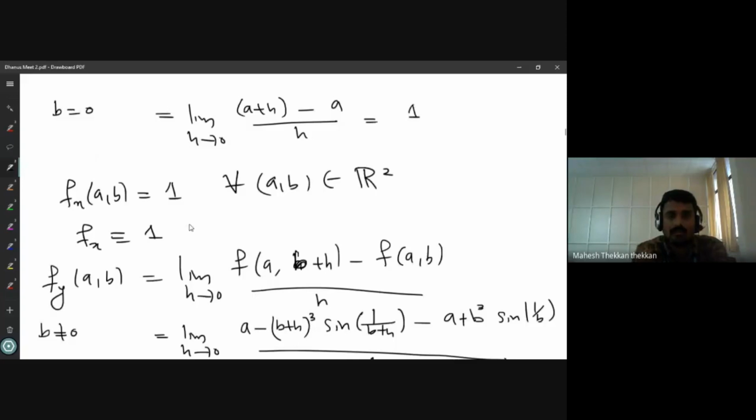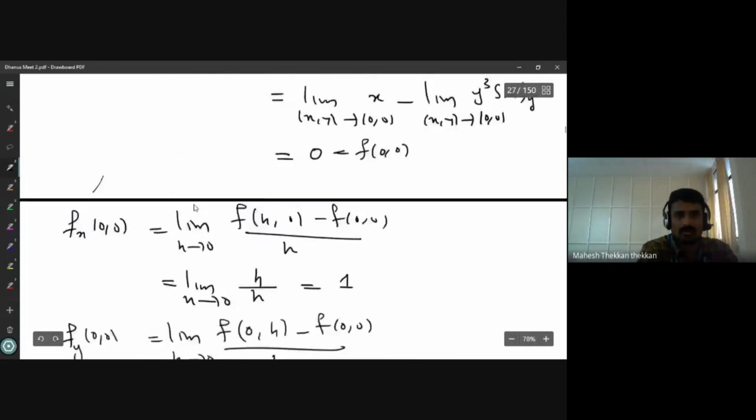That implies f is differentiable at (0, 0) by the sufficient condition for differentiability. Only thing I need to worry about is that either one of them has to be continuous in the small neighborhood, and both have to exist. Both exist, and the partial derivative with respect to x is continuous. So by the sufficient condition of differentiability, I can tell that f is differentiable at (0, 0).